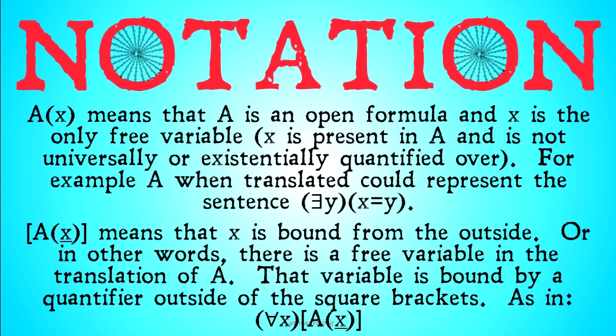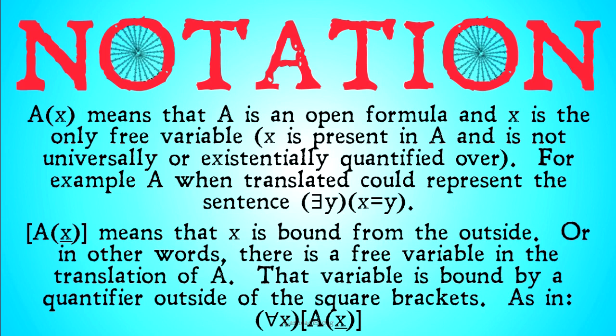A([x underlined]) in the square brackets with the underline under the x means that x is bound from the outside. Or in other words, there is a free variable in the translation of A. So those square brackets have translated everything. That variable is bound by a quantifier, which is in fact outside of the square brackets.